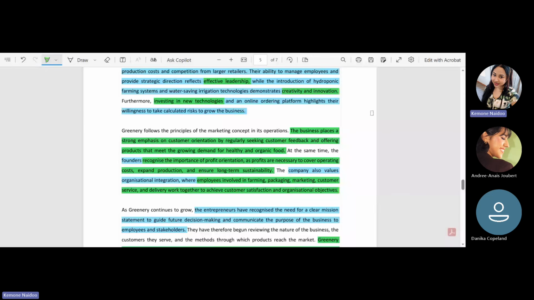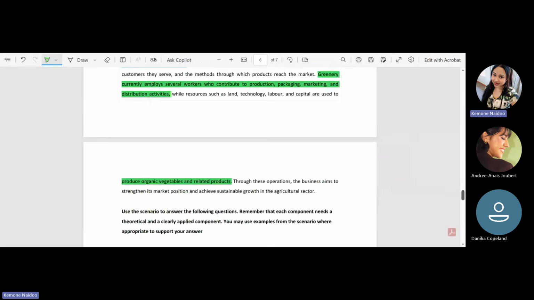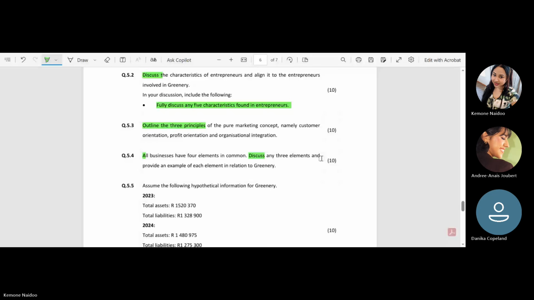So that is our three different elements, for 10 marks. That's easy to find in the case study. You're looking for proof of human activity, proof of profit, and also the goods and services that they produce.